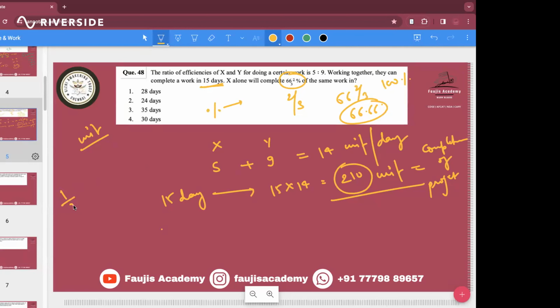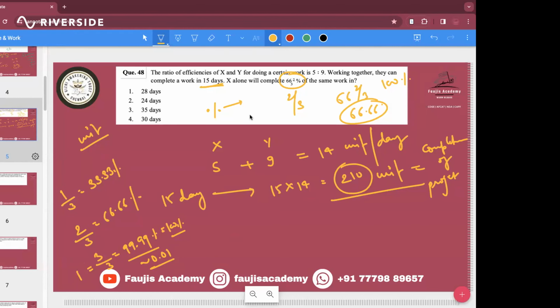When we write 1/3, this is nothing but 33.33%. 2/3 is 66.66%. For the interest of the whole class, I'm telling this. 3/3, which is nothing but 1, is how much? 99.99%. Over here, we take this departure of 0.01 and consider it as 100%.